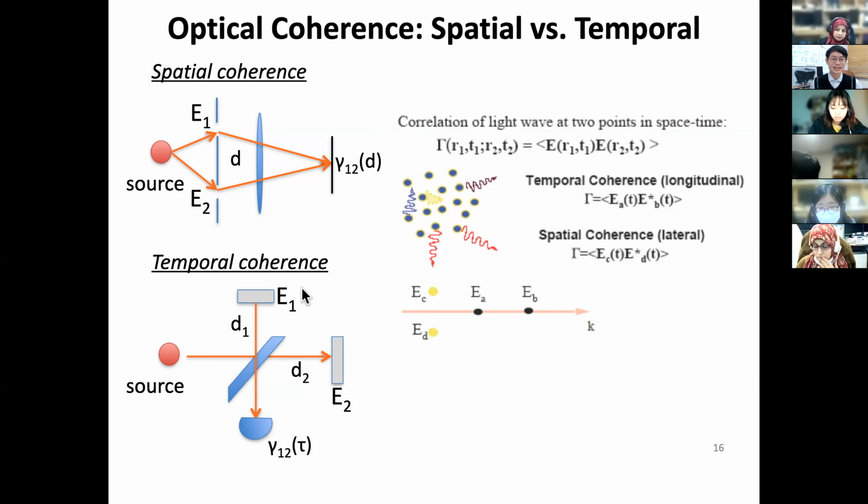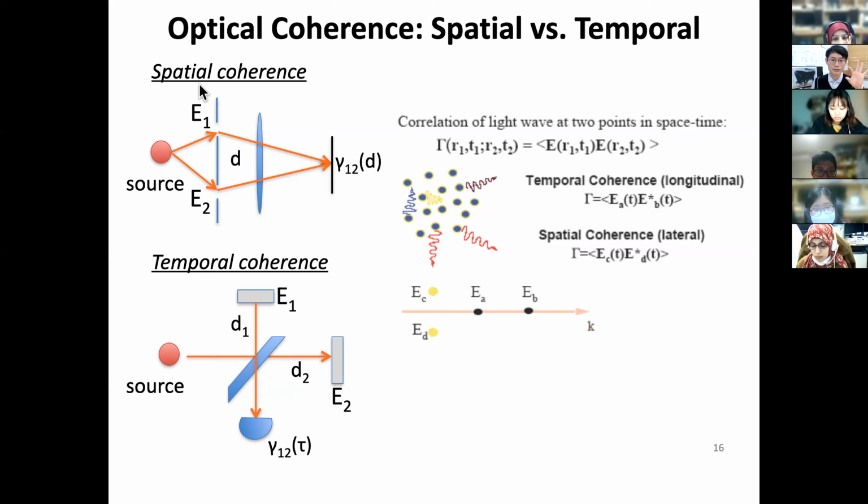This is a really difficult concept, but I will try my best to help you understand because it's so confusing. So first, what is spatial coherence? The name stands for this: in space, if one point and another point have a constant or defined phase relationship, we call that spatial coherence.